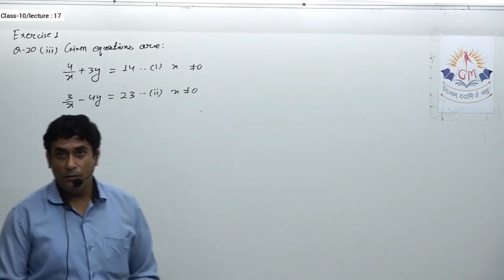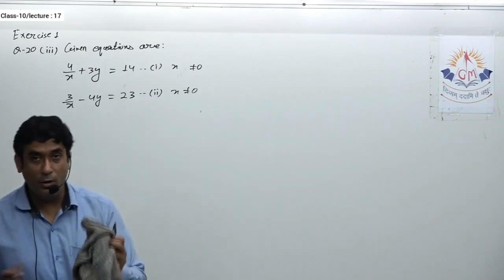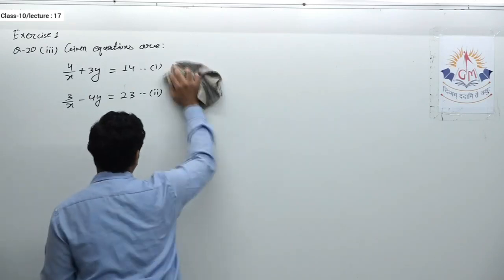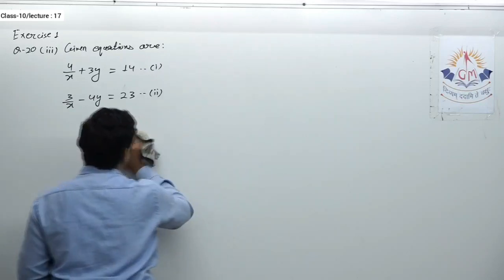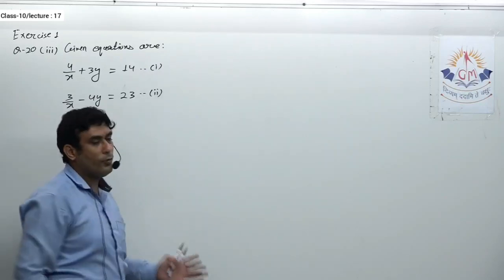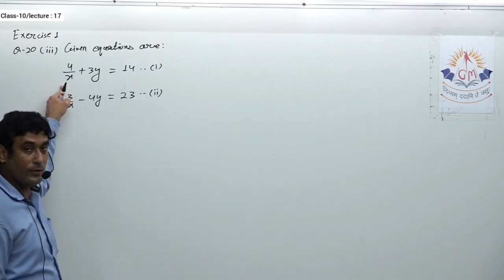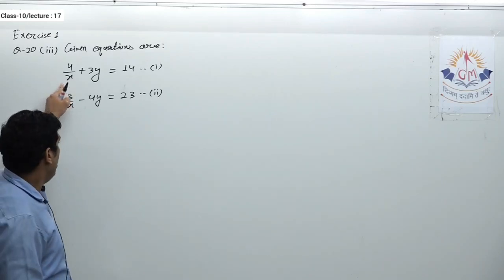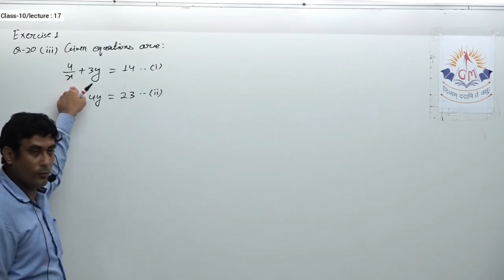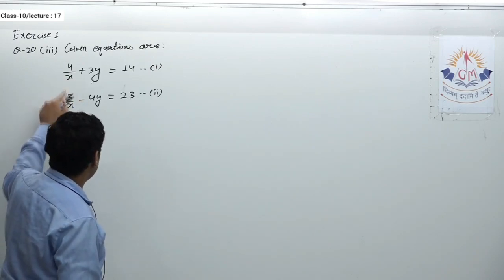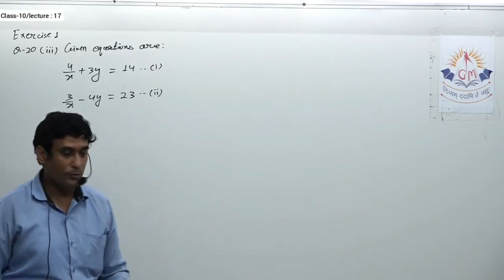That's why you will find in all these questions denominator should not be equal to 0. Okay, we can also say if denominator becomes 0, it won't be a rational number. Otherwise here it is 4 upon x is a rational number. Even though x equal to 1, it is a rational number. And in a rational number, denominator should not be equal to 0. That's why you will find that over here x should not be equal to 0.